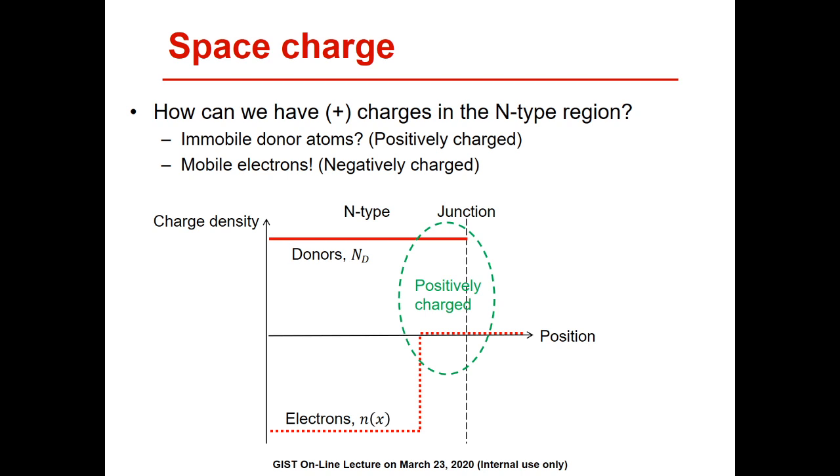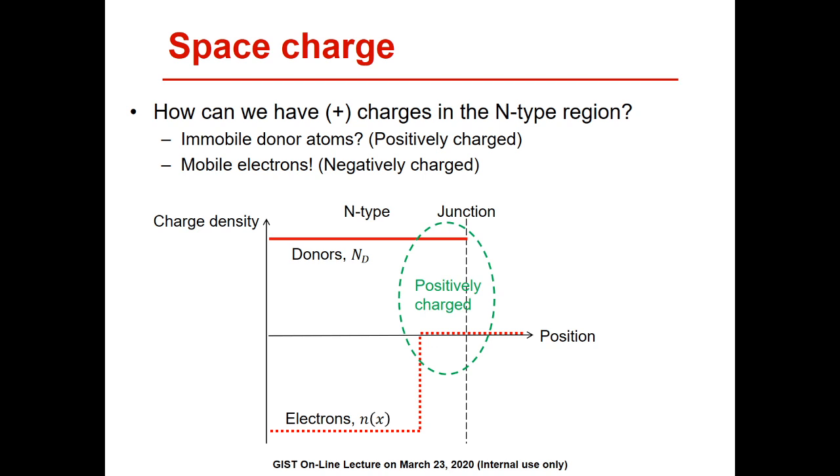Then, how can you have a positive charge in the n-type region? Since we need positive charges, the first candidate is the ionized donor atoms, which are positively charged. However, they are immobile. They cannot move. Instead, we can consider the electrons.